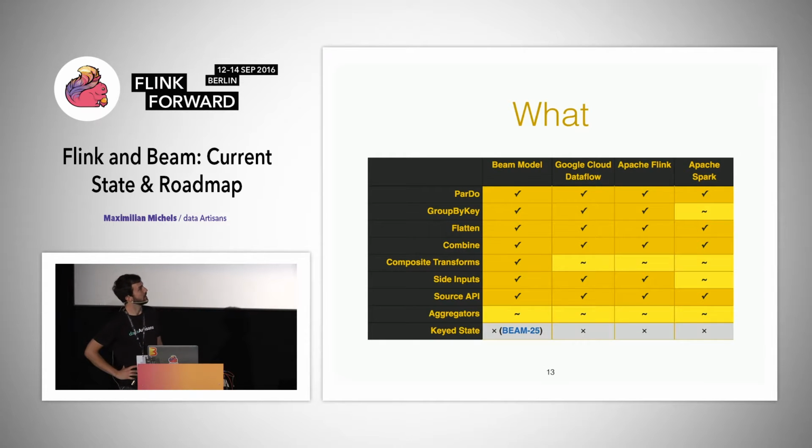And to show you the current matrix, this is how it looks for the what section. I think we can say that in terms of this capability matrix, we are pretty much on par now with the Google Cloud Dataflow Runner, which admittedly wasn't always the case, but since a week, I think we are there, especially because we have now side inputs in streaming, which were missing for some time, and which were a bit challenging to implement.